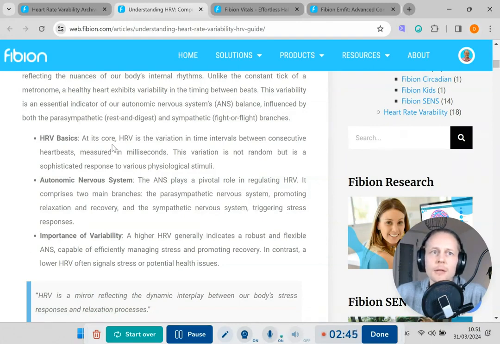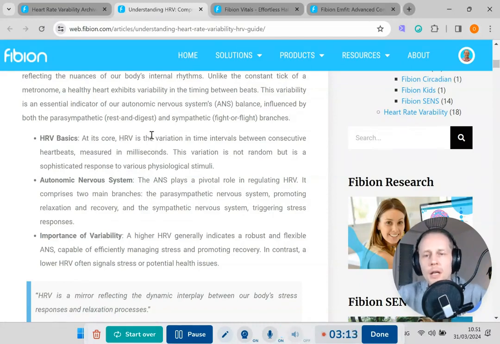There is a parasympathetic nervous system influencing to lower the heart rate and increase the variability. So it's the rest and digest part of our autonomic nervous system. And then there is the sympathetic nervous system, which is described as the fight or flight branch. That's a little bit radical, but basically you get the idea.